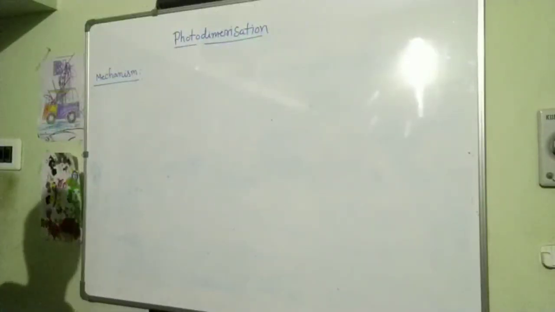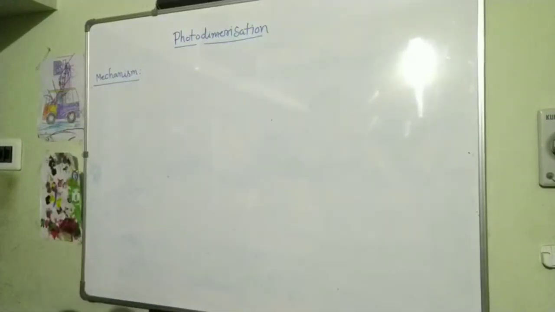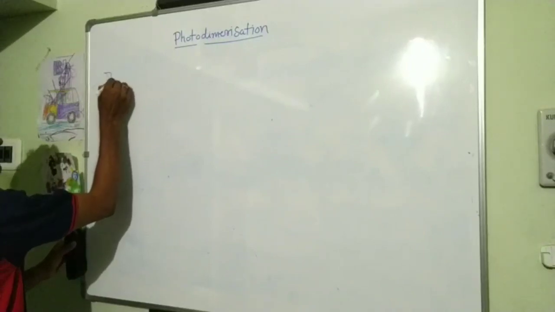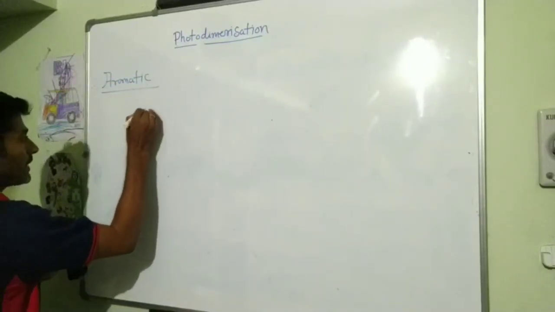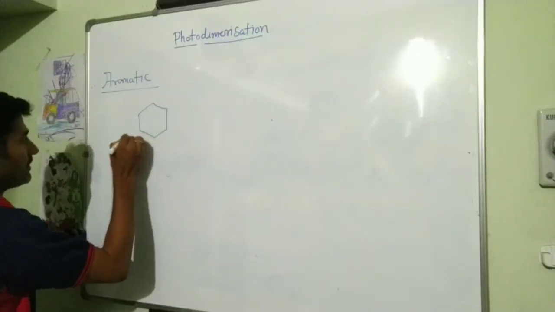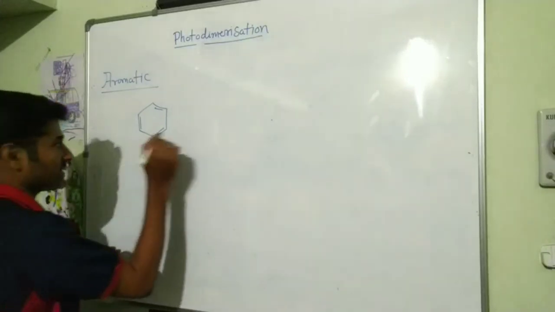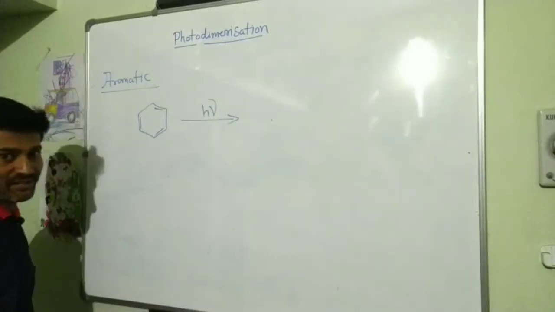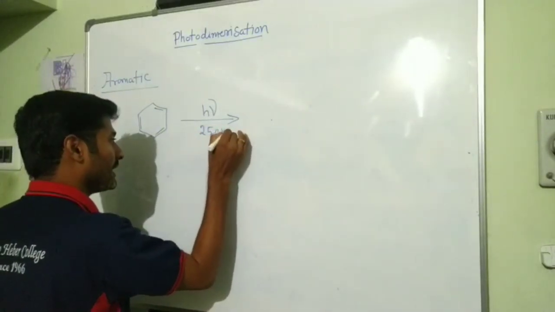Now let us take aromatic system. We take benzene. This is a very simple basic aromatic system, benzene, in presence of light, direct irradiation with around 250 nanometer wavelength.